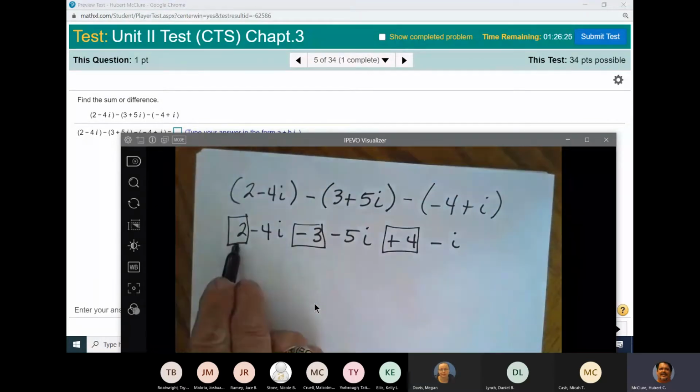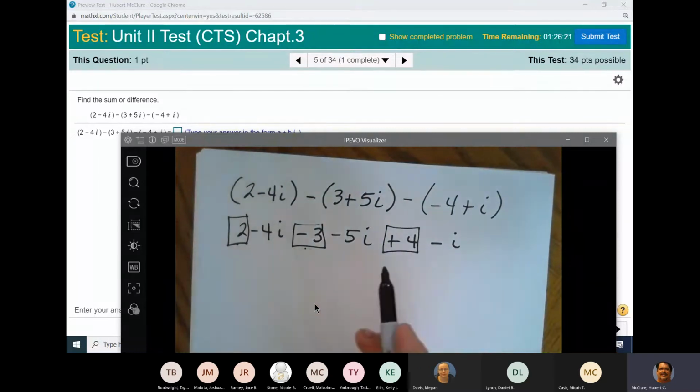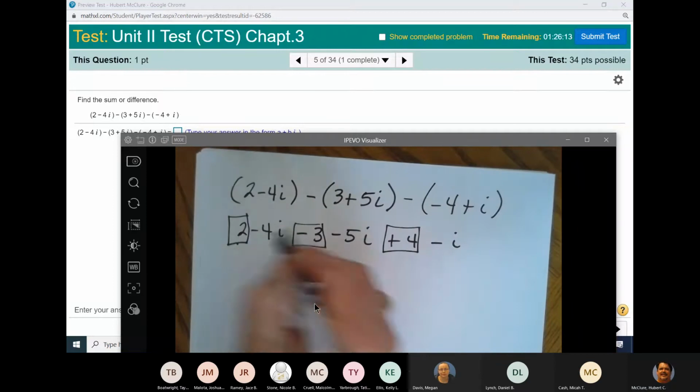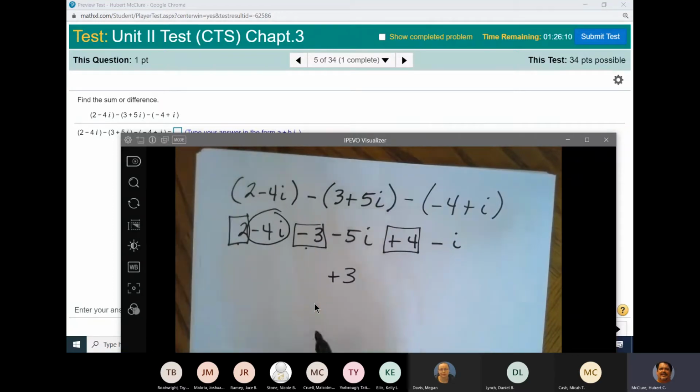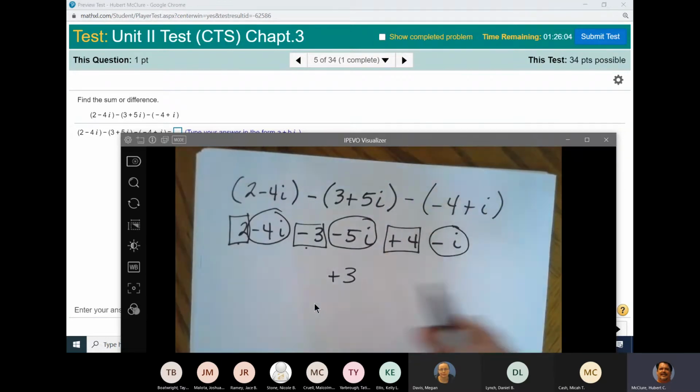So you have $2. You subtract, you owe $3, so you still owe $1. And you owe $1, you have 4, you have $3. You owe $4, you owe $5, you owe $9, you owe another $1, you owe $10.